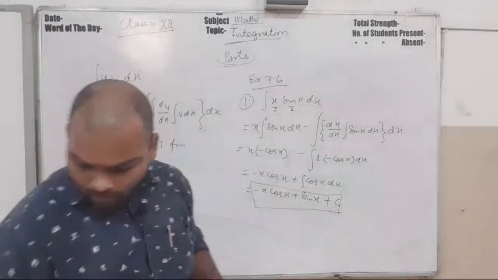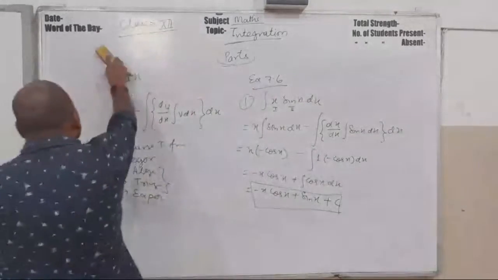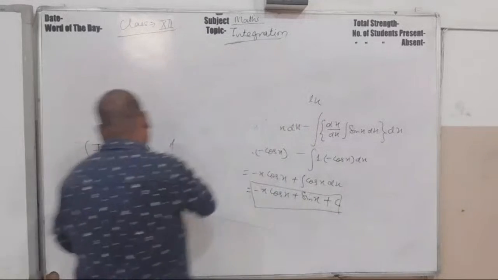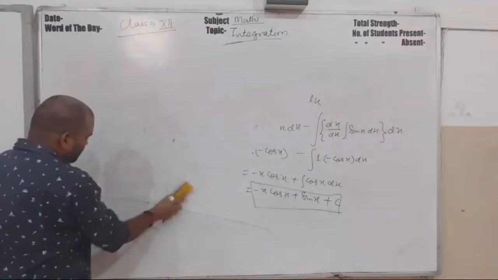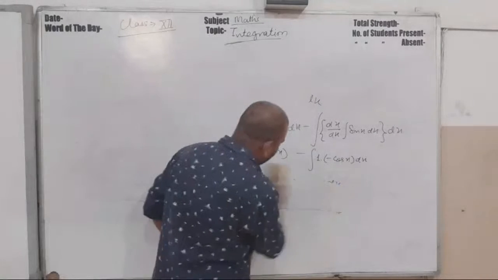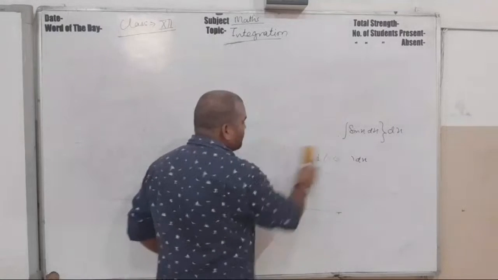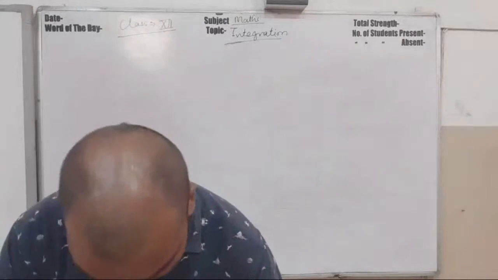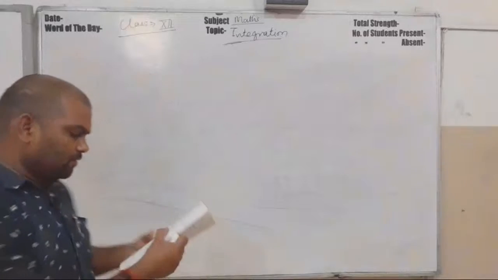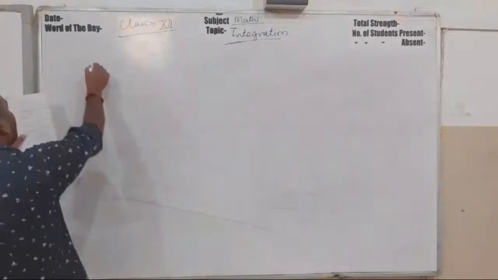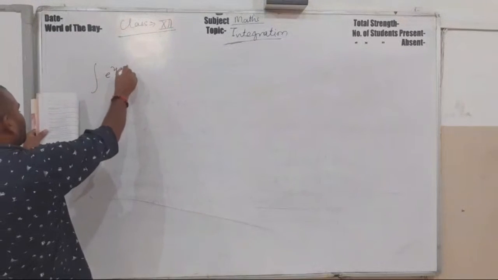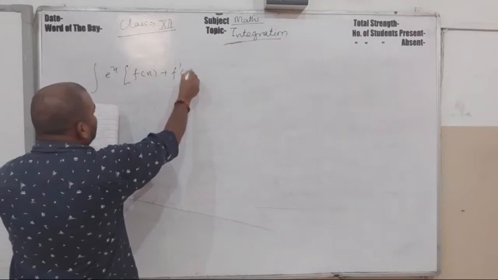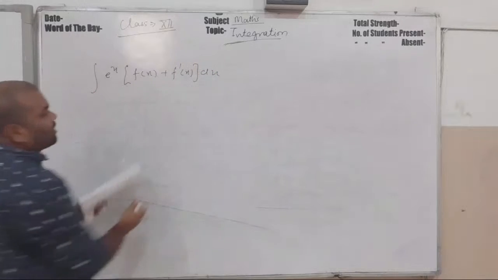Clear? Now let us see today how we can integrate a function of this type, e to the power x into f of x plus f dash of x, dx.